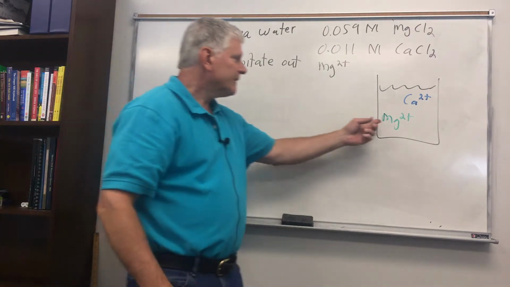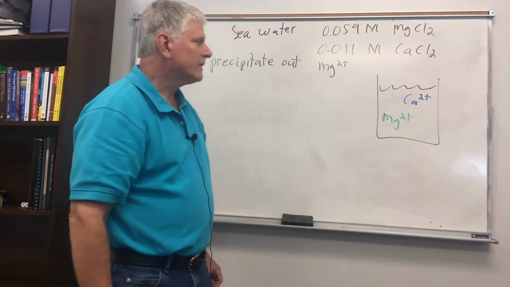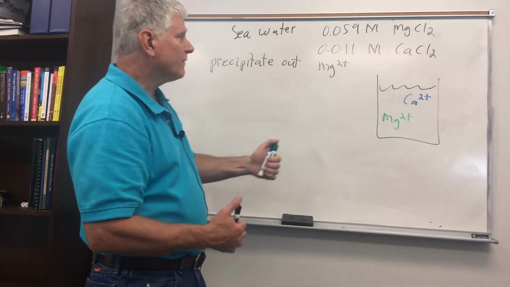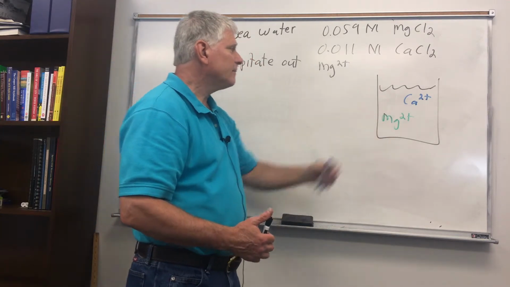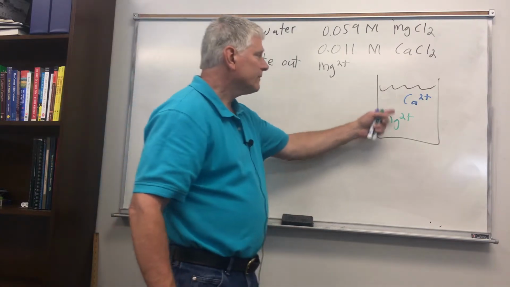And we want to precipitate out the magnesium 2+, leaving the calcium 2+. Well, we can do this because of the difference in the KSPs for magnesium and calcium compounds.